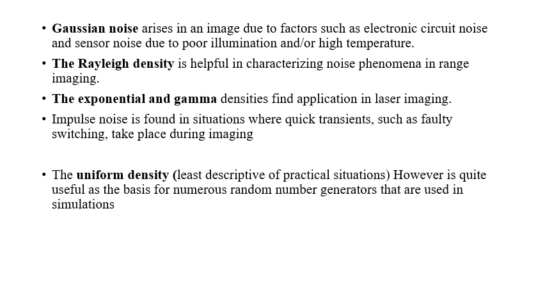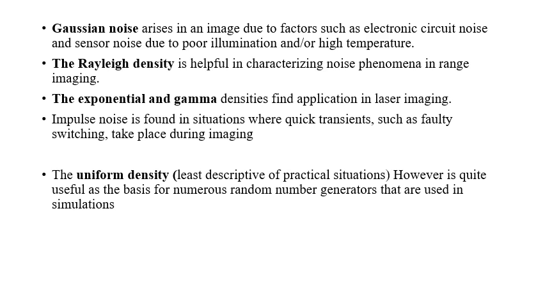Let us see the first one, the Gaussian noise. Usually the Gaussian noise comes to an image mainly due to poor illumination or high temperature, especially when we speak of electric circuit noise and sensor noise.